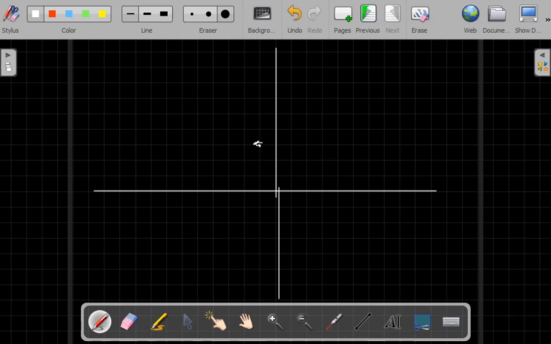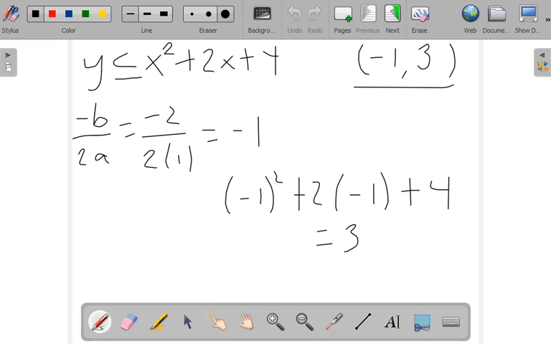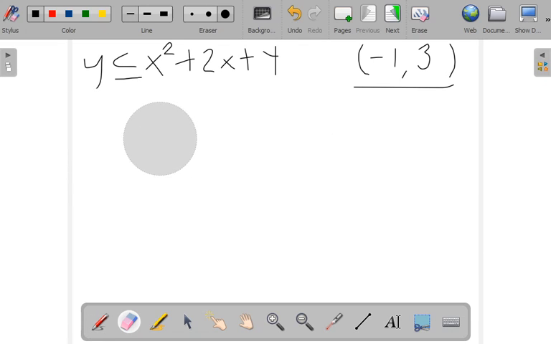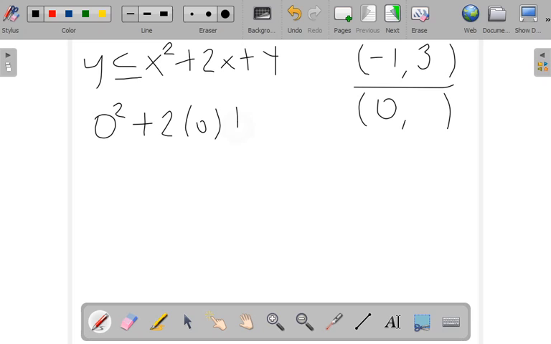So we need to find more points on our graph, and we do that by substituting in more values for x. So in this case, we could do 0 for our x coordinate. So let's go ahead and erase this. So now we are going to substitute in 0 for our x, and we're going to try to find the value of y. So if we substitute in 0, 0 squared plus 2 times 0 plus 4 gives us 4, right?